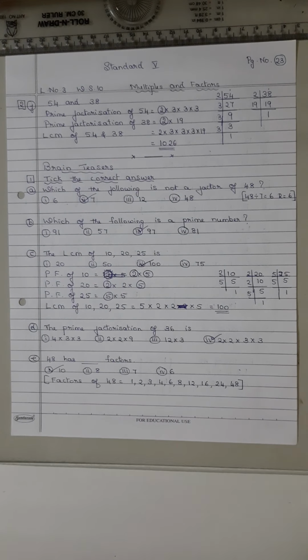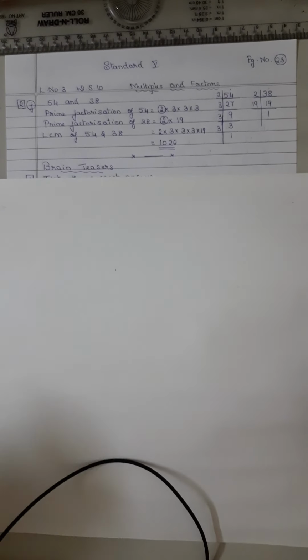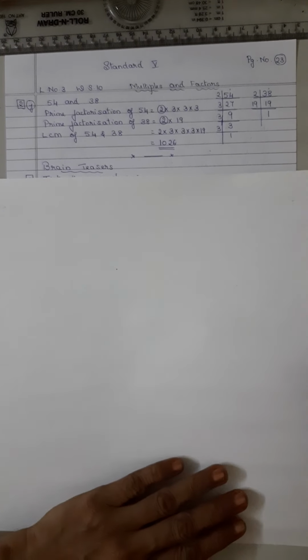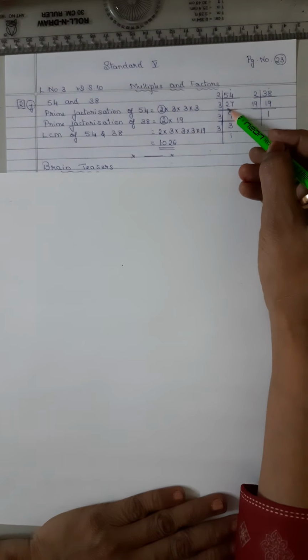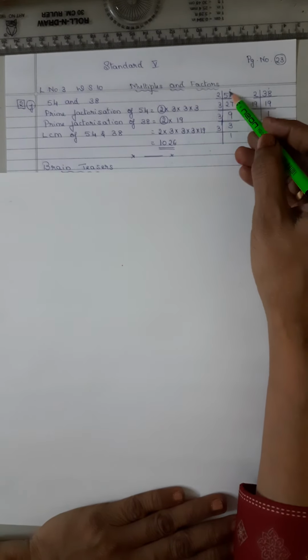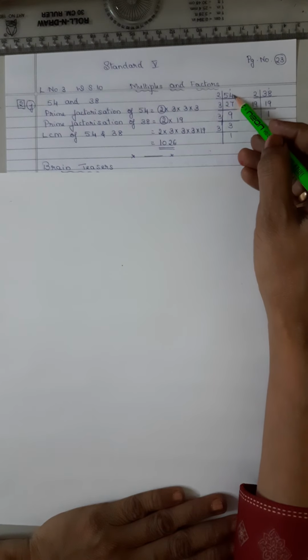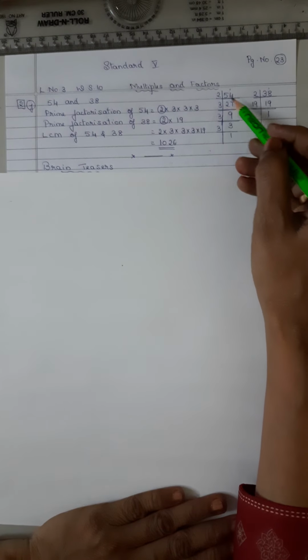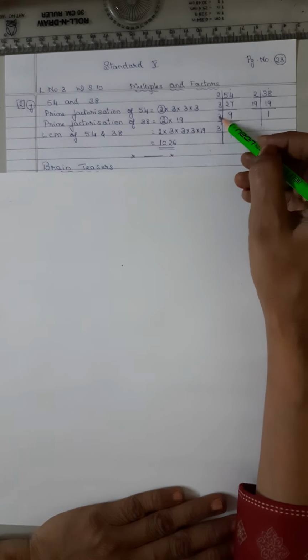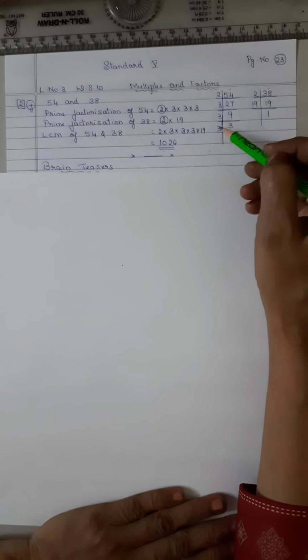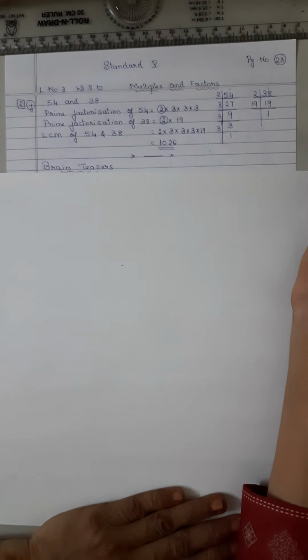Now coming to the last sum. 54 and 38. 54, even number. So 2 twos are 4, 1 remains. That is 1 and 4, 14. 2 sevens are 14. Now 27, not an even. Is it divisible by 3? Yes. 3 nines are 27, 3 threes are 9, 3 ones are 3.